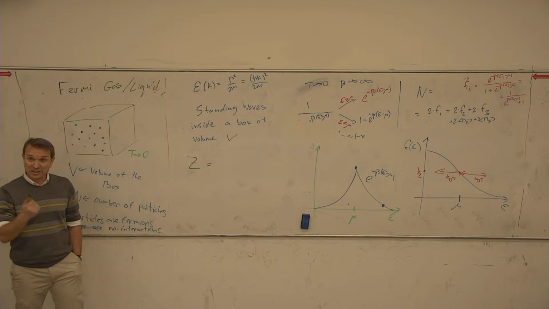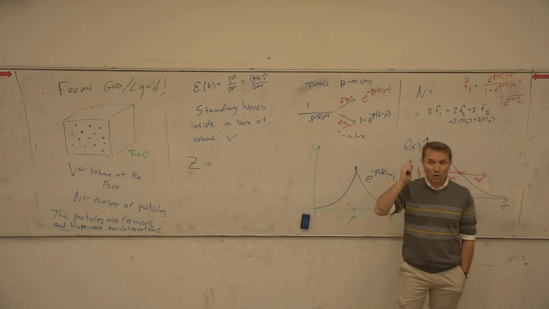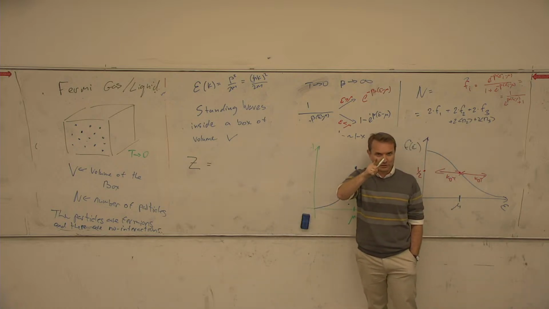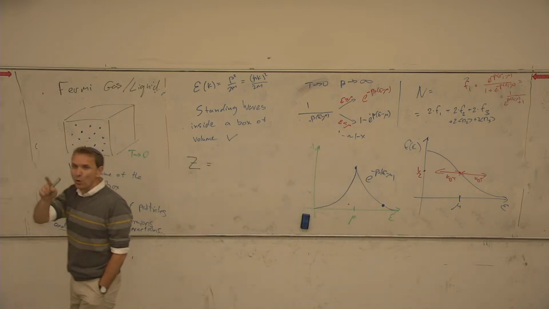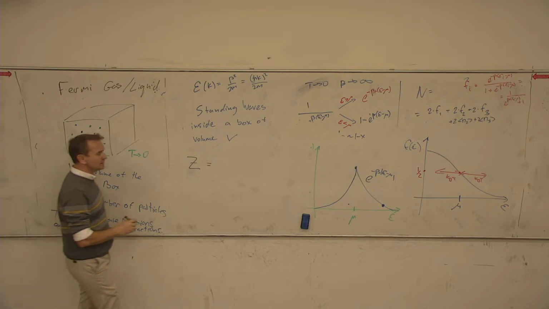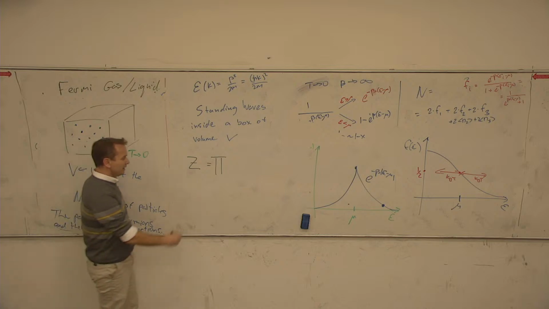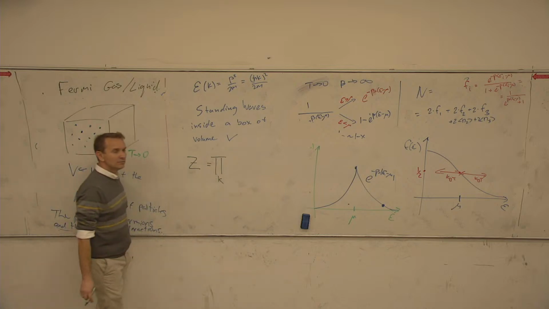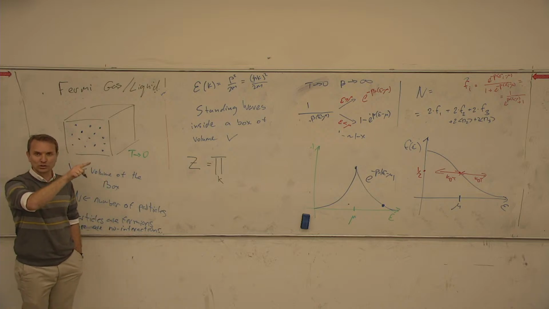We treat the system in a grand canonical fashion, as we did before. The particles interact due to the Pauli exclusion principle, but the states themselves are not interacting. So if the states are not interacting, we just have to multiply over k the partition function of each of those states.